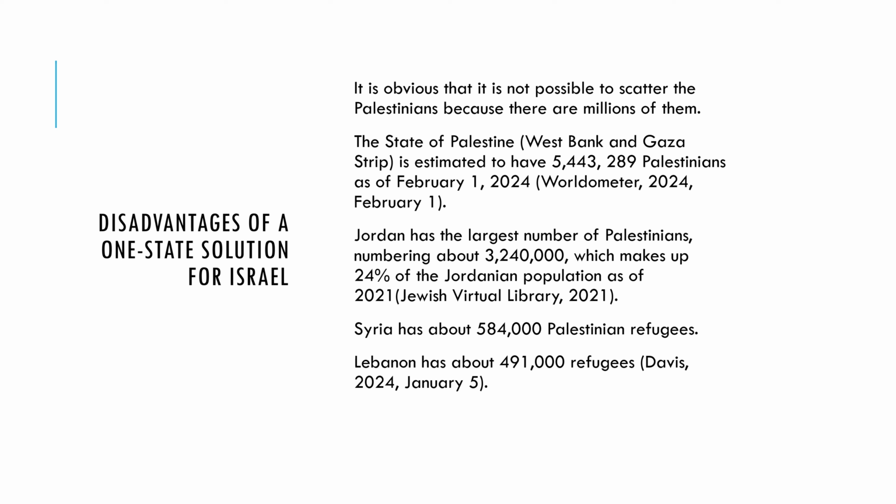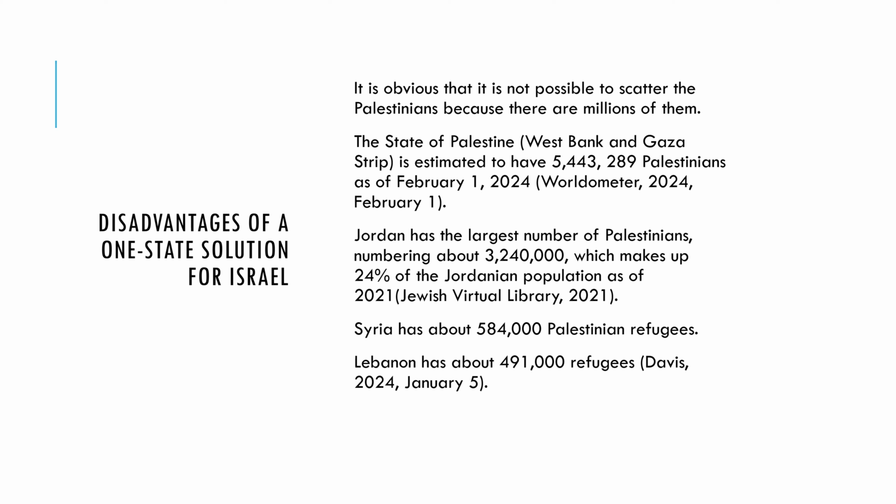For instance, the state of Palestine, which is the West Bank and Gaza Strip, is estimated to have more than 5 million Palestinians as of February 1, 2024.